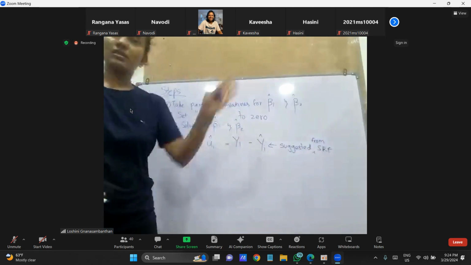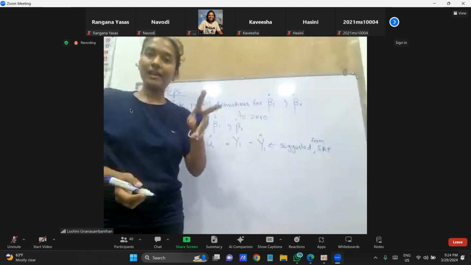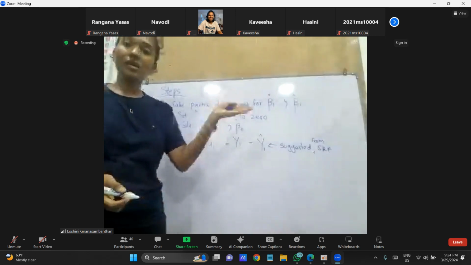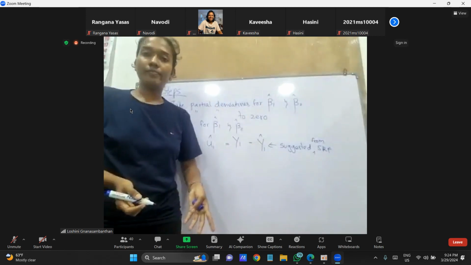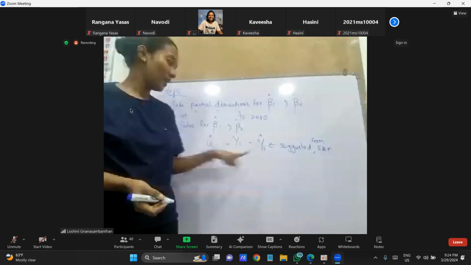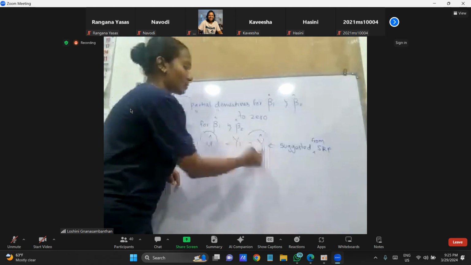That means in the sample regression function, in that line, this value is lying on the line. But this actual value can be higher or lower than the value that you get from the line. So this is the sample result.